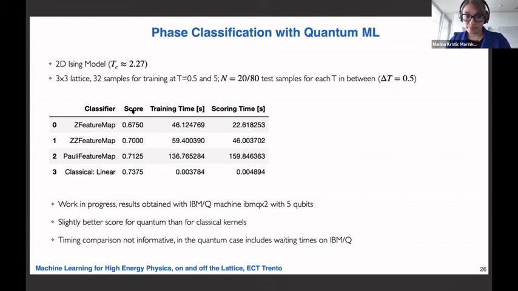In the case of the quantum machine learning, for the three choices of the unitary, we got a slightly better score than for the linear support vector machine. As far as the timing is concerned, we couldn't measure whether this is more efficient in time.